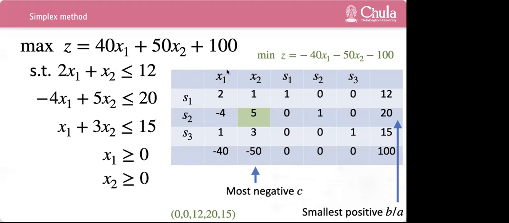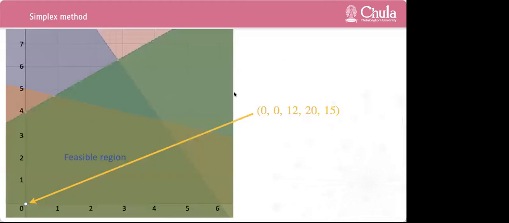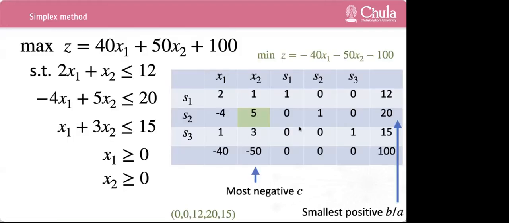Once we transform our original problem into this standard form, where we minimize the objective function, all the constraints are inequalities, and the right hand sides are positive, then for each inequality constraint we add a slack variable. Then we write the tableau: X1, X2, and slack variables S1, S2, S3.